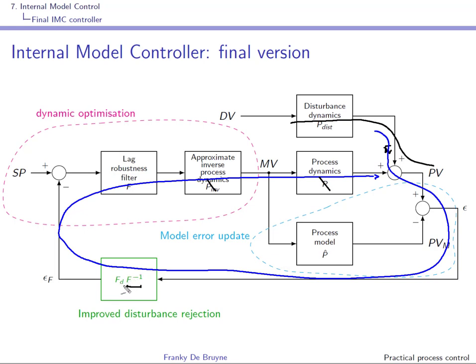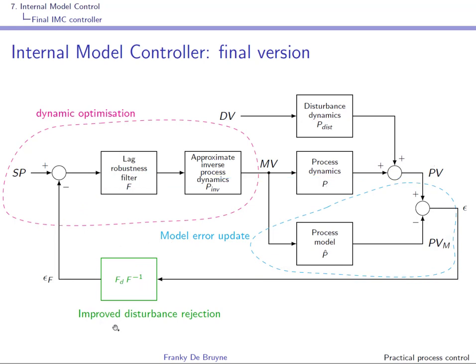So what you do is multiply by another lag filter, but with a smaller time constant so that this is now realizable. And in that way you have created a path of transfer function that is approximately 1, not exactly, and this will improve the disturbance rejection.